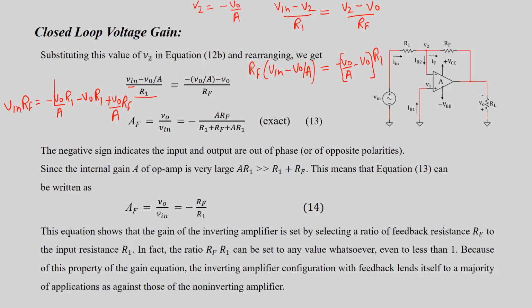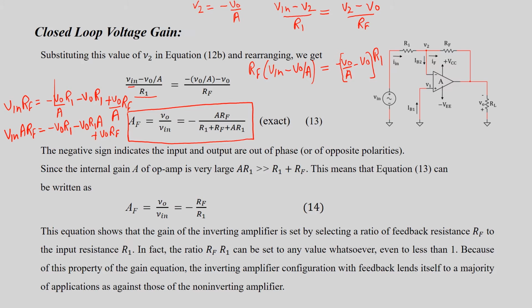So from here we can get Vin into A RF is equal to minus V0 R1 minus V0 R1 A plus V0 RF, and from here we get AF, which is equal to V0 by Vin equal to minus of A RF divided by R1 plus RF plus A R1, and this is the exact value of closed loop voltage gain.